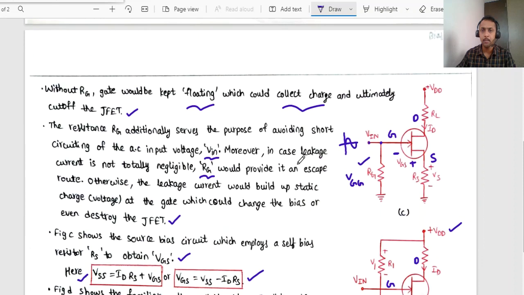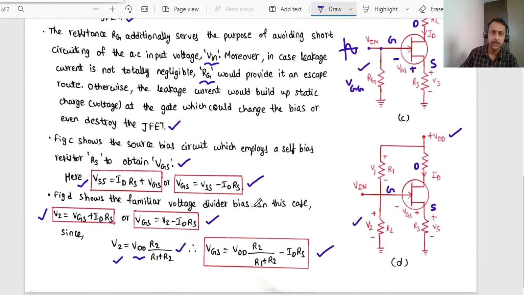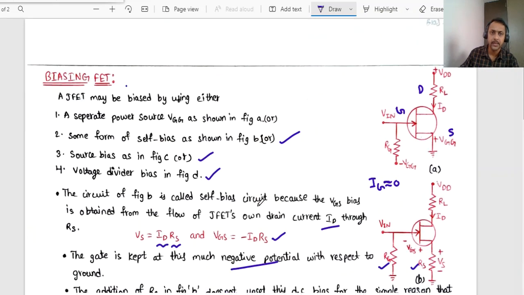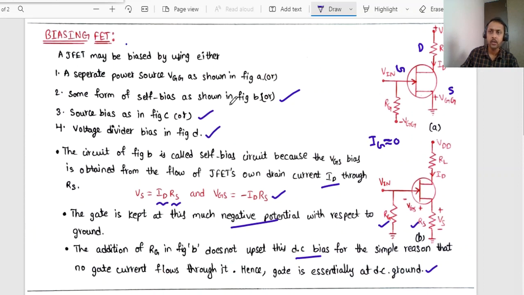It leads to some gate current, or it may destroy or cut off the JFET. That is the use of this RG. Like this, these are the different biasing techniques we have. These diagrams, variable names, polarities, and current directions are all important. Okay, thank you.